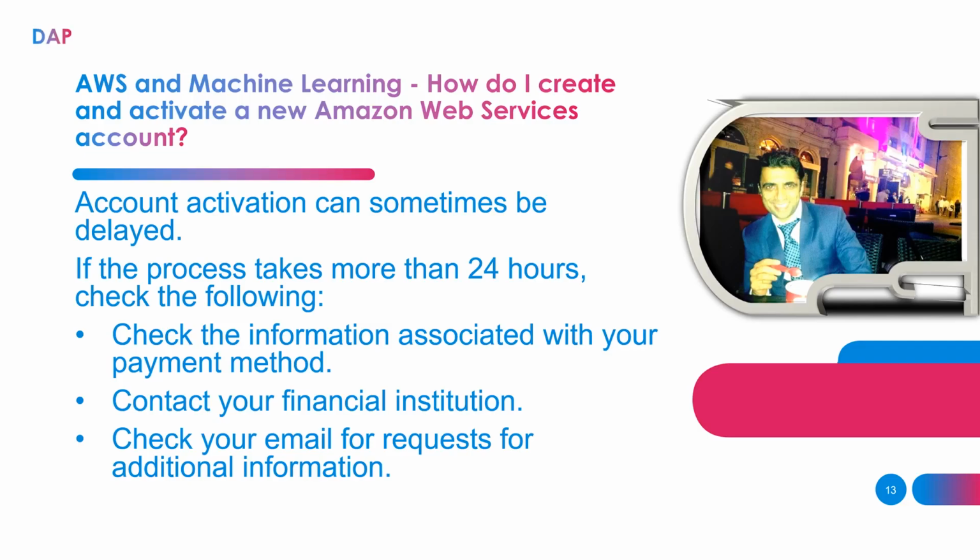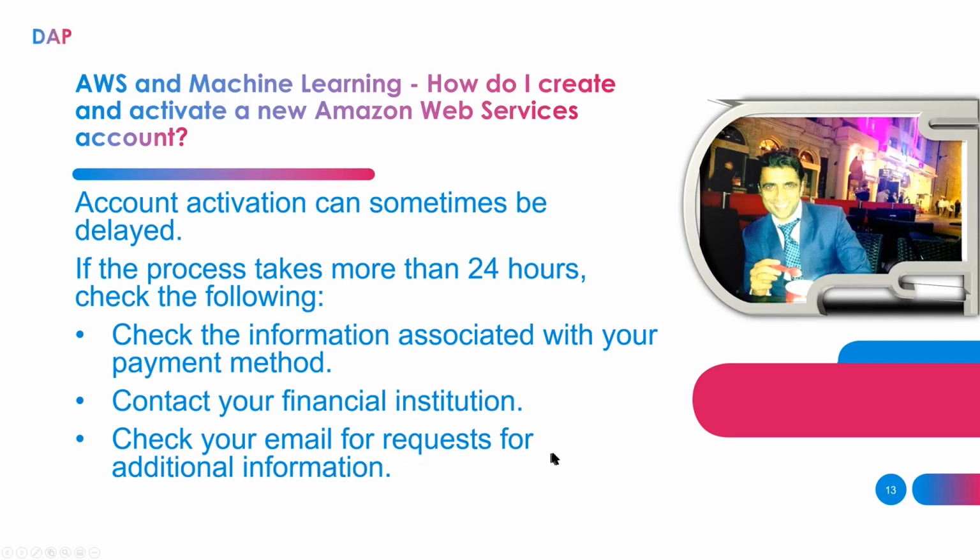Sometimes the card numbers are invalid, so just check that your card payment details are okay and everything you are providing is correct. And in case everything is okay, if you have given correct details, then please contact your financial institution, which means your bank, for the card you are giving to them. Just check in case they have blocked the payment. If they have, just release it.